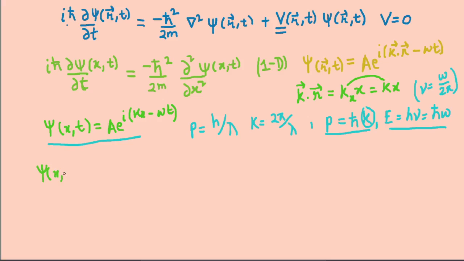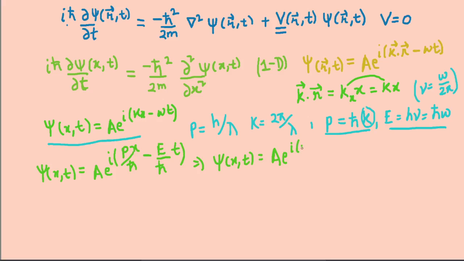psi x, t equals A e to the power i. In place of k, we write p by h bar times x, minus, in place of omega, we write E by h bar times t, which gives us psi x, t equal to A e to the power i (px minus Et), the total energy E t, divided by h bar.